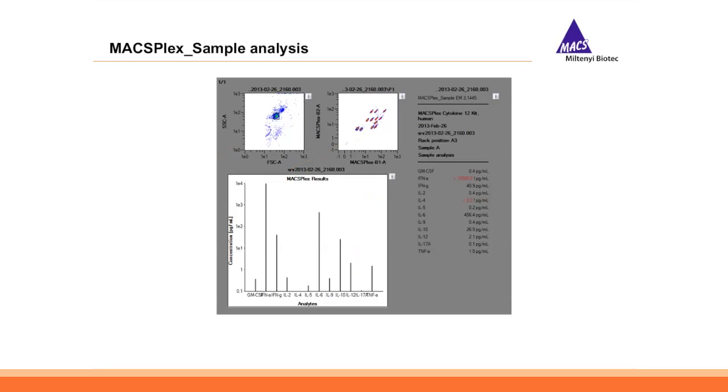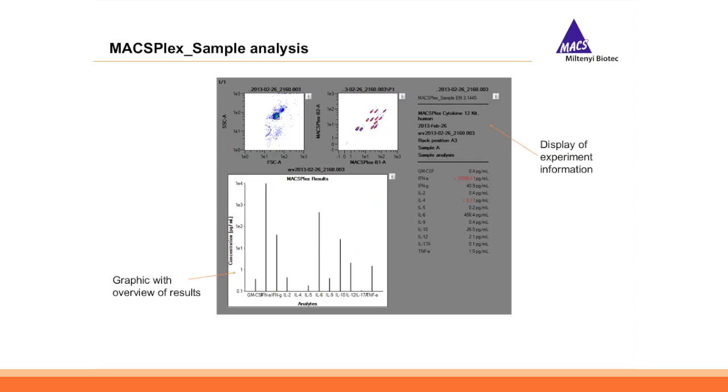Much more interesting is, of course, the analysis of your MACSPlex sample data files. And also over here, we have the dot plots or the density plots for the identification of the singlet beads and for the identification of the bead populations. Down here, we have a graphic with an overview of the results. So for each analyte, the cytokine concentration is displayed.